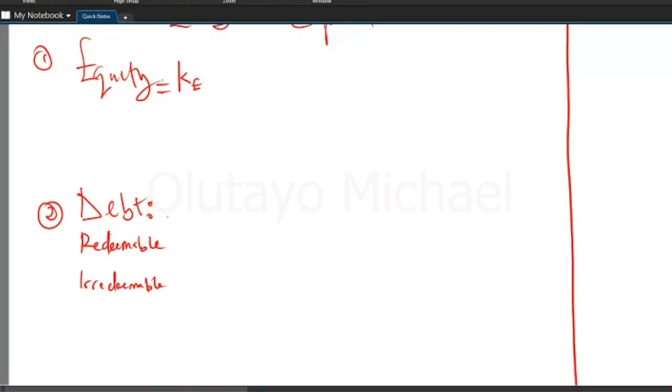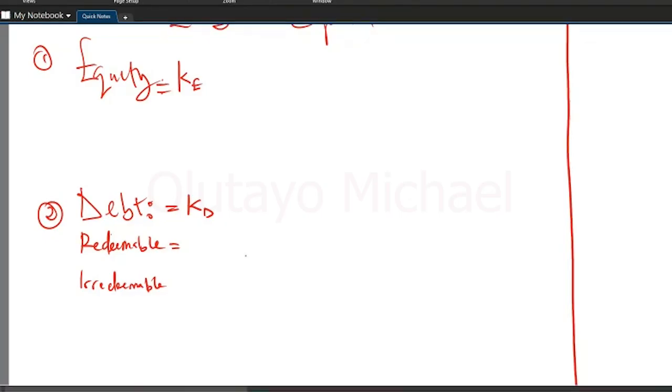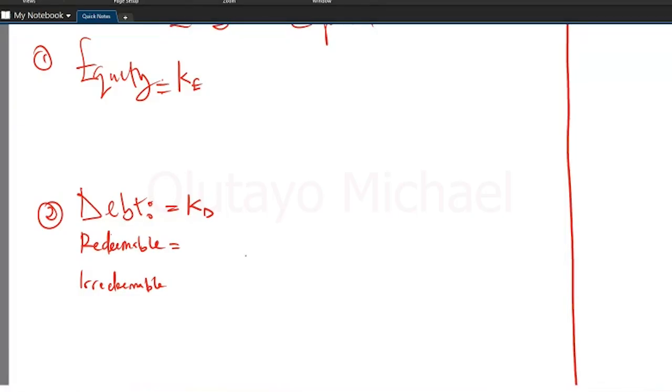When we are talking about debts, don't forget the cost of debt is called KD. That means the cost we pay to service our debt capital, which is in the form of interest. When we want to turn it to percentage, we say interest over market price of the debt if the debt is redeemable. But don't let me mix it up.